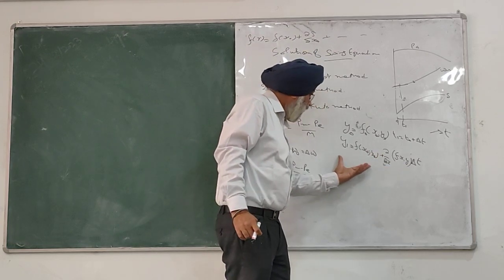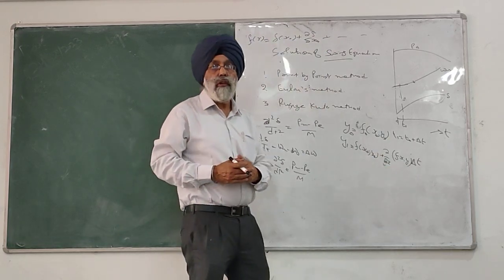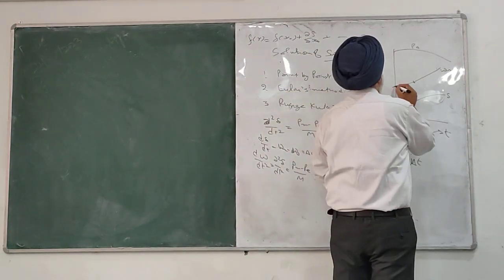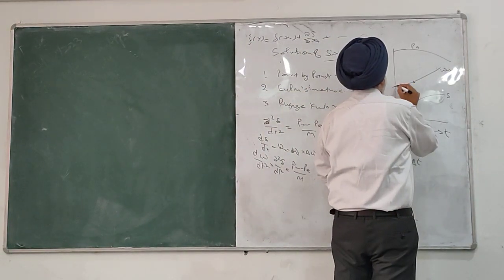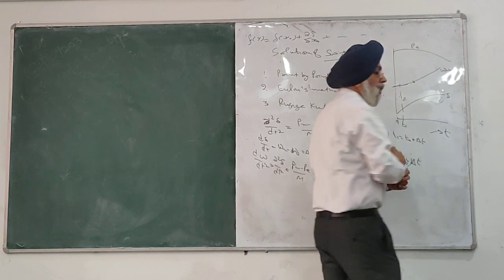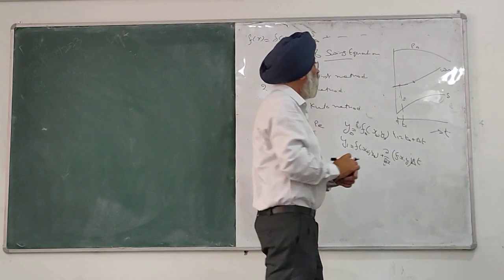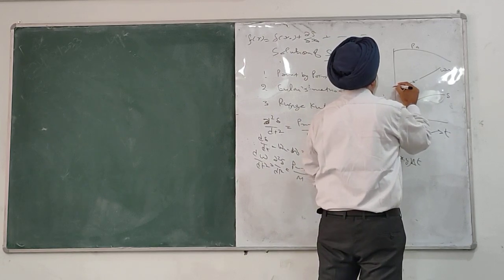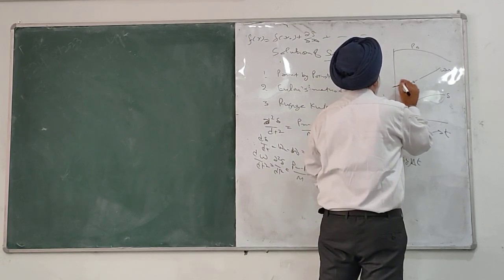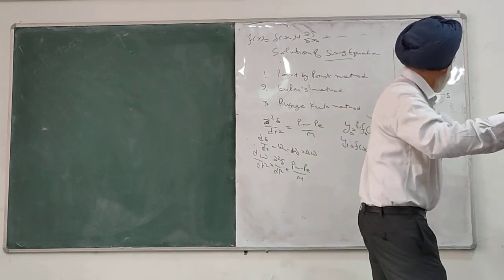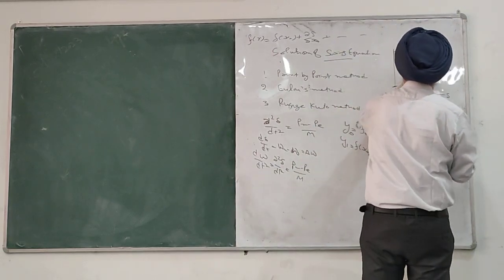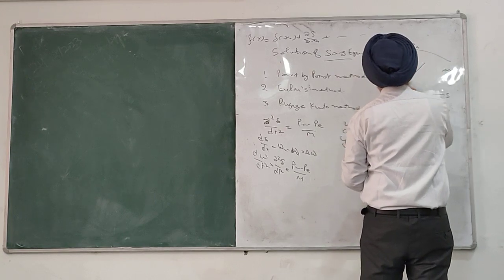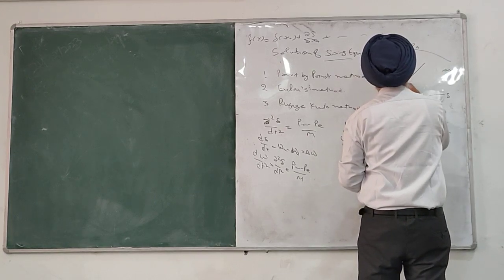So we are finding the new value according to the slope. It may be possible that, let us suppose your slope is like this and you are taking the derivative like this.